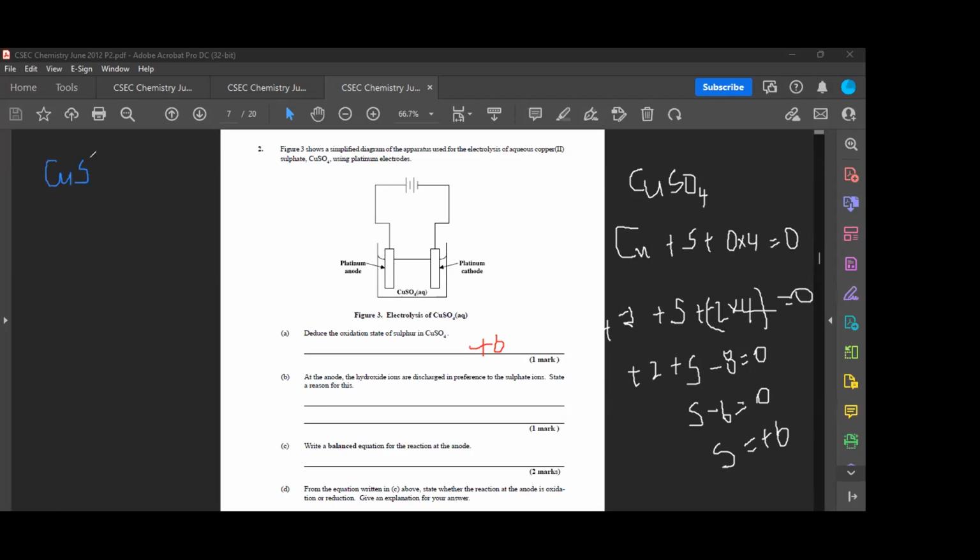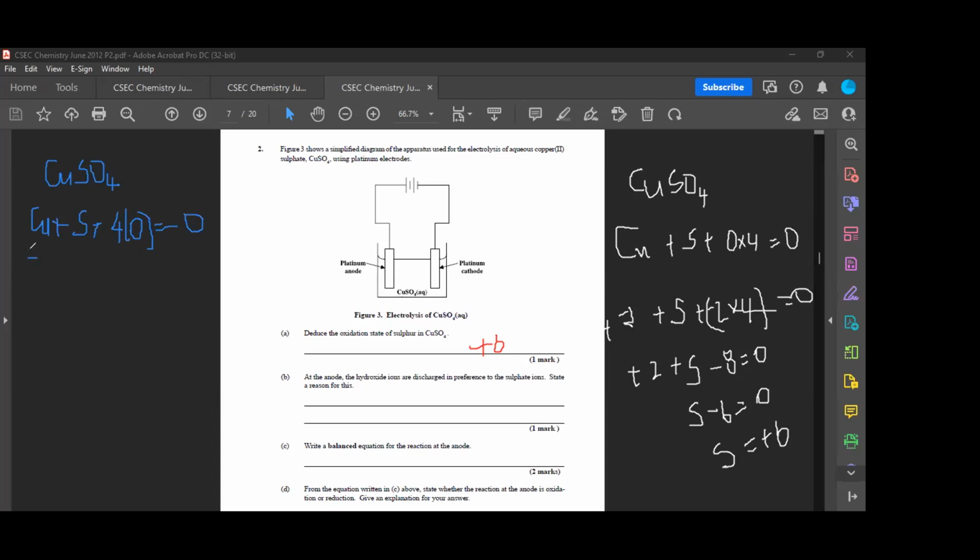Copper sulfate. What we're doing is splitting up each individual element, and then we are going to assign their charges to them. Because it is uncharged overall, it will be equal to 0. So copper plus sulfur plus 4 times oxygen will be equal to 0.